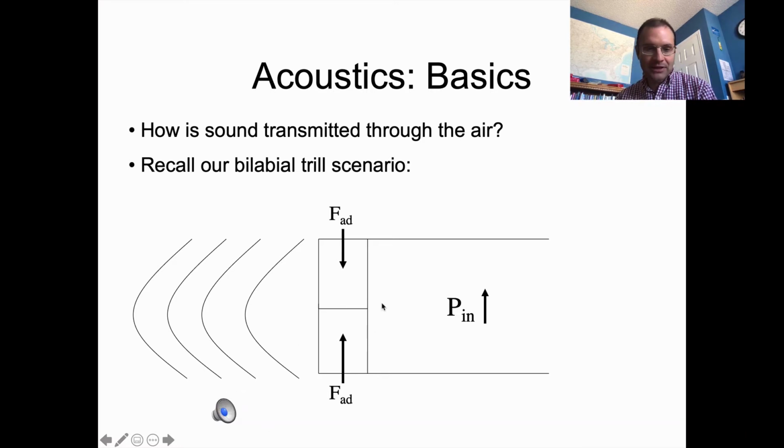And as it does that, once the air flows through, it'll bring the lips back together again due to the Bernoulli effect, and we'll get this cyclical pattern where air just kind of pops out in short, sharp bursts, cyclically over time. And what we see in the outside world are these successive wave fronts of air pressure peaks going out to whatever surrounds our mouths as we're making this bilabial trill.